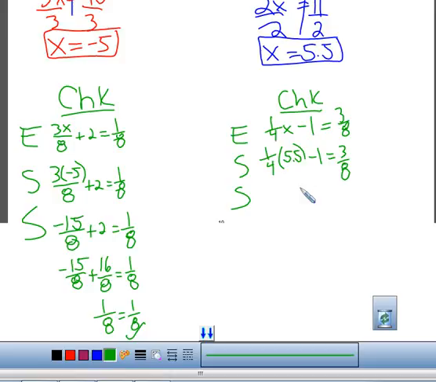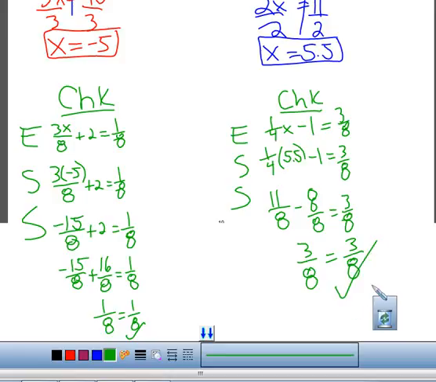Now 1/4 times 5.5 is 11/8, minus 1, which is 8/8, equals 3/8. 11 minus 8 is 3, so I have 3. Remember, when you add and subtract and you have a common denominator, you don't do anything with the denominator, you just leave it alone. So, it checks. Beautiful.